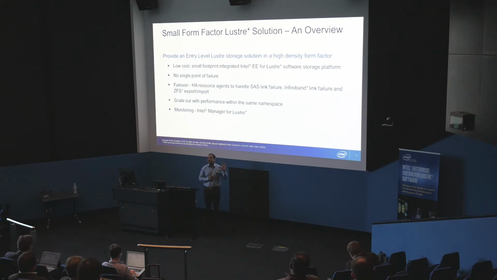So these agents will be looking at those areas and do failover based on those failures. Scale out with performance within the same namespace, and there is an option of using Intel Manager for Lustre for the monitoring purpose.